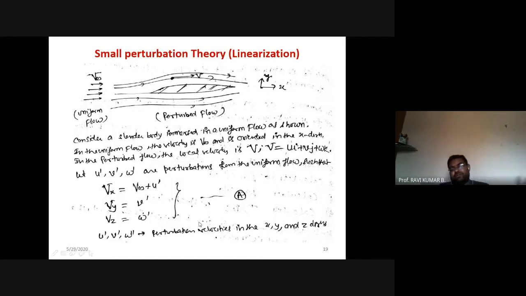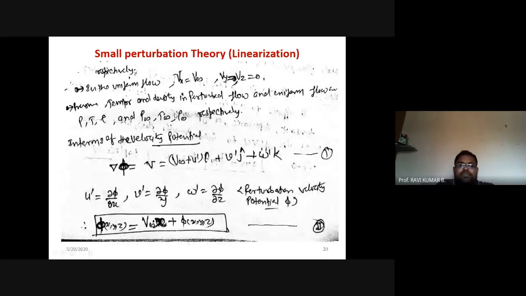So in that equation where we were using simply u, v and w, we need to write this complete term, V infinity plus u dash, v dash and w dash, to replace all those terms. In the uniform flow, a one-dimensional flow, Vx will be V infinity and both components Vy and Vz will be 0, right?